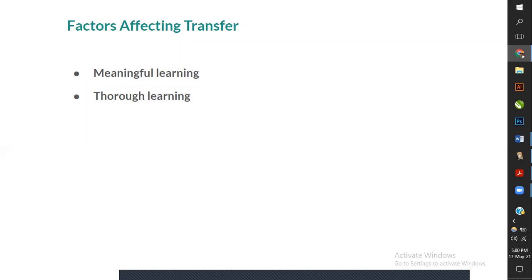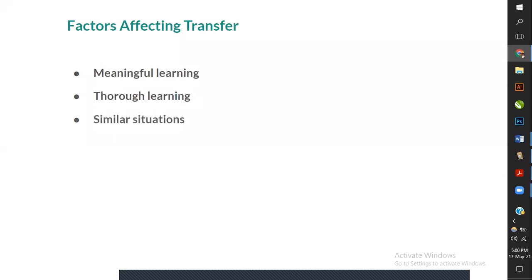But if I don't know the previous knowledge, I do not find the connection between the moving of an x. I do not find the use of making x the subject of the formula, right? So we need to know previous knowledge very thoroughly so that transfer is done correctly and effectively.